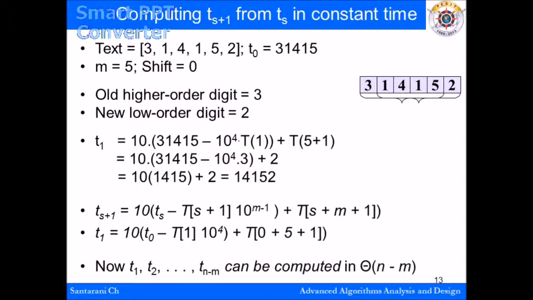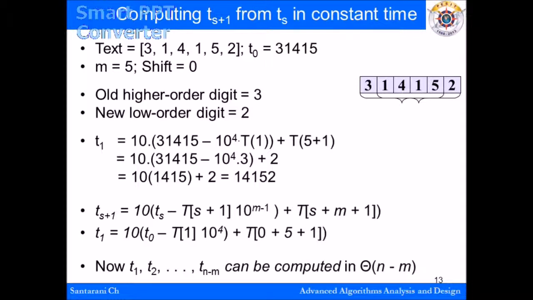To construct t_1 we can derive the general formula t_(s+1) equals 10 times (t_s minus T[s+1] times 10^(m-1)) plus T[s+m+1]. This is based on Horner's rule.